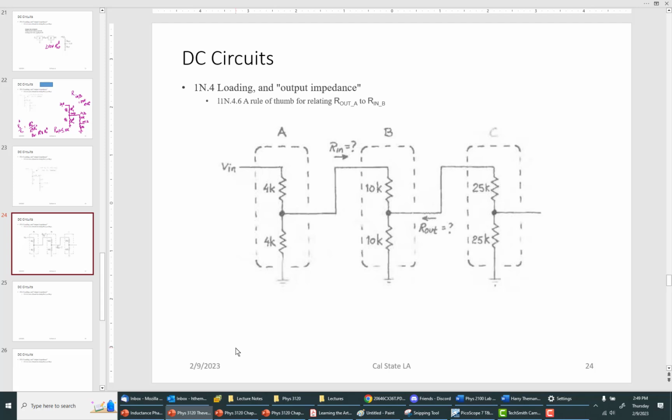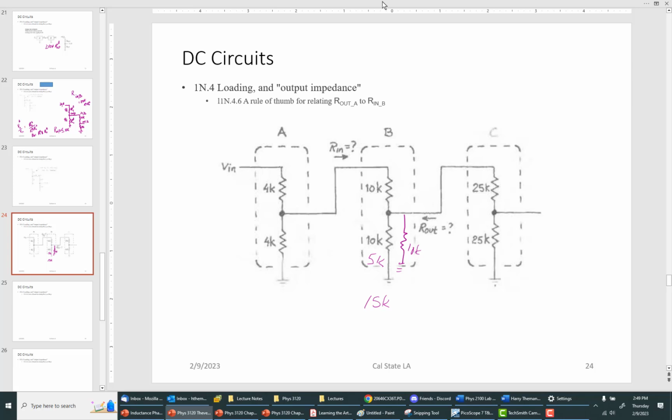When I hook up a load to B, do I have to go back and recompute the input impedance of B?" Because in principle, the load on B will affect the input impedance. If I had a load here of 10K, for example, then this would become 5K lowered down, and then the input impedance of this thing would become 15K instead of 20.